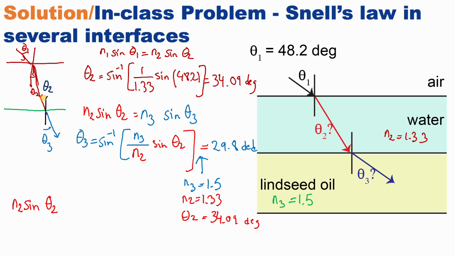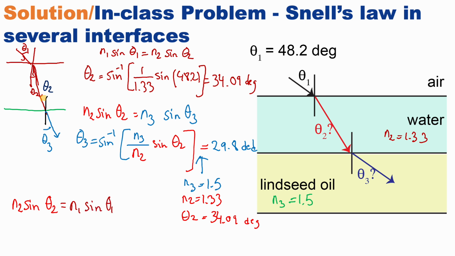The other way of solving it is, if we look at the Snell law in the second interface, we know that n2 sine of θ2, right? But as we were saying when we applied the Snell law on the first interface, that was equal to n1 sine of θ1, right?